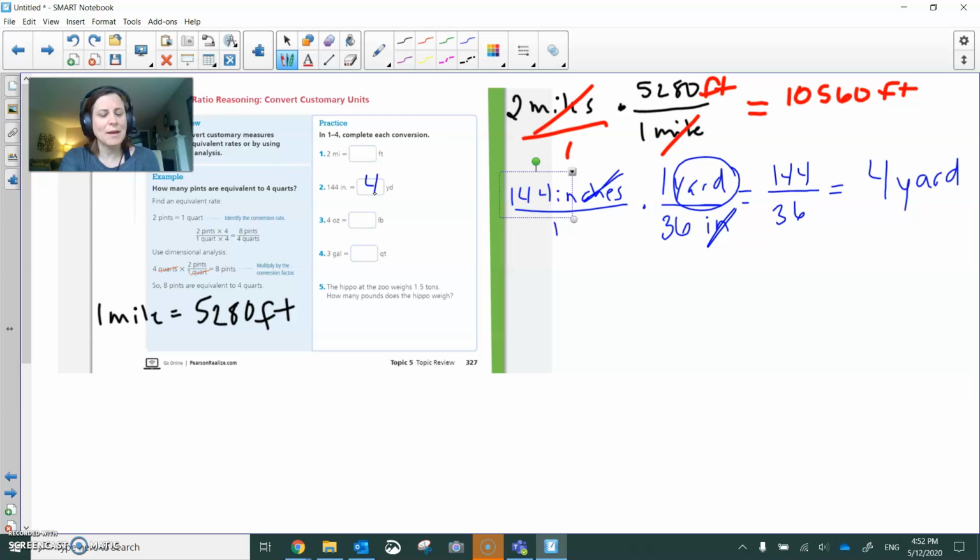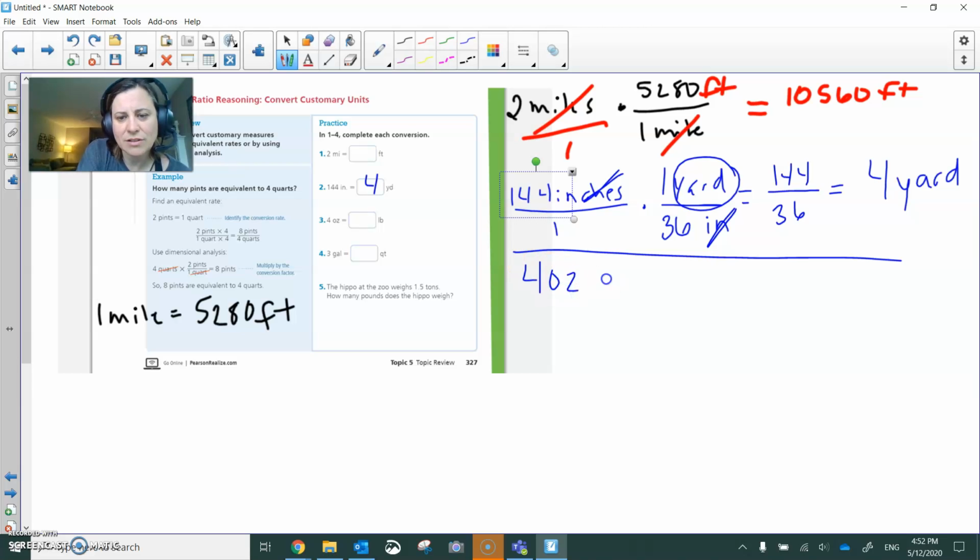4 ounces to pounds. I know that there are 16 ounces in a pound because I looked it up because I always forget. So 4 ounces is what I'm trying to convert. I know that there are 16 ounces in 1 pound.